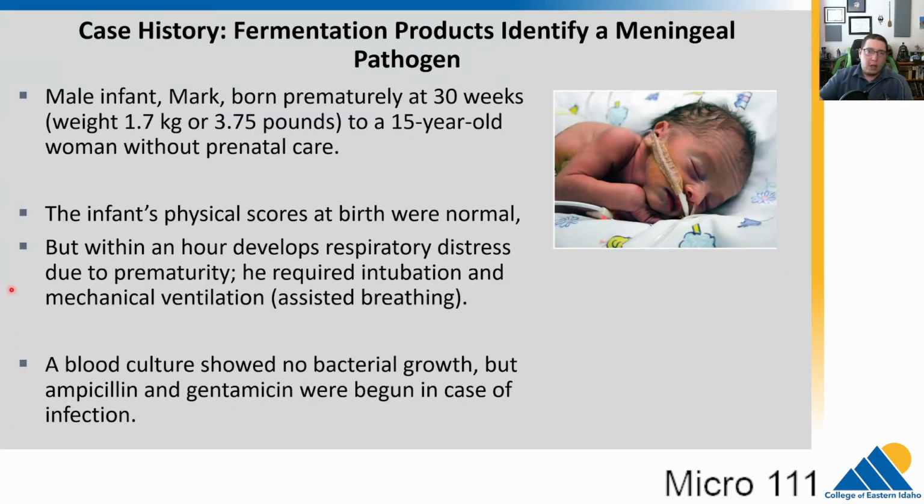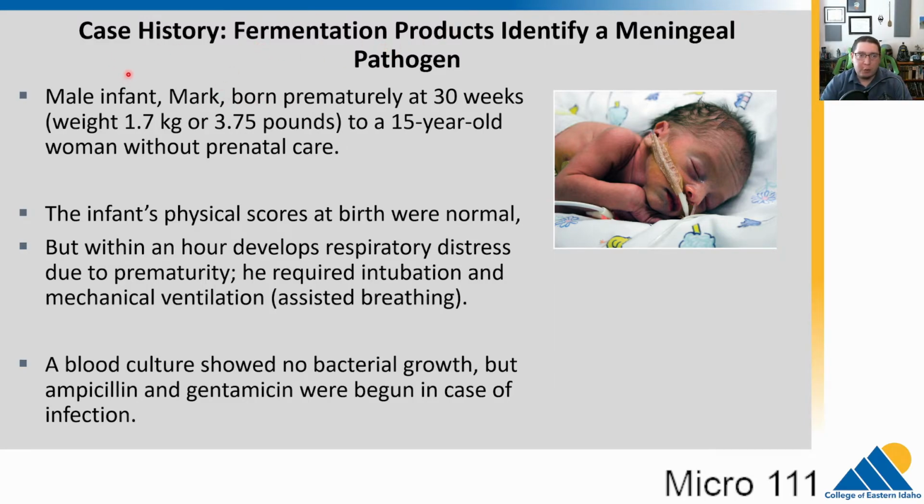All right, so again, I want to reiterate that the differences in metabolism between microbes are really important to identify different pathogens. So there are a lot of quite rapid tests, actually, to identify different microbes. They do rely a little bit on growth, but these microbes produce these fermentation products quite quickly.